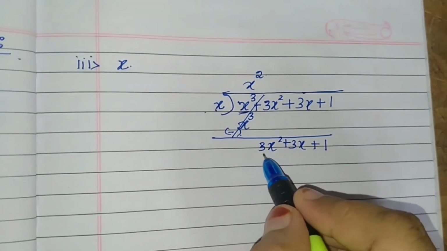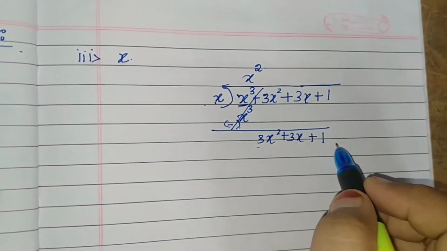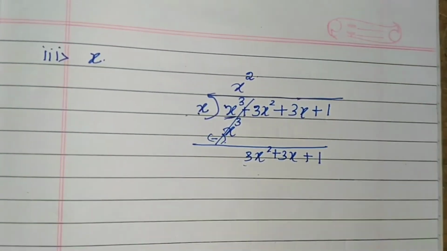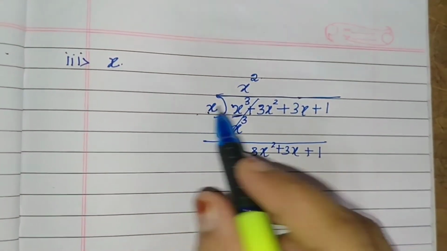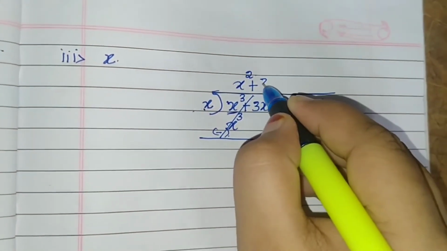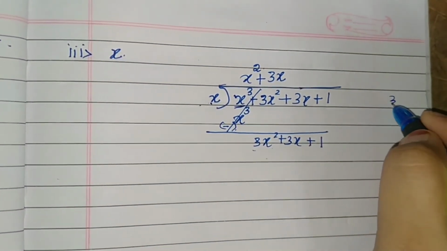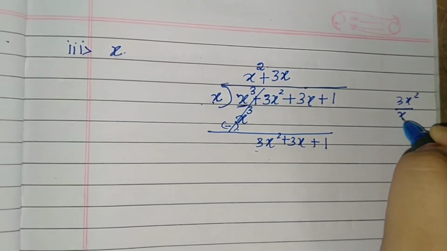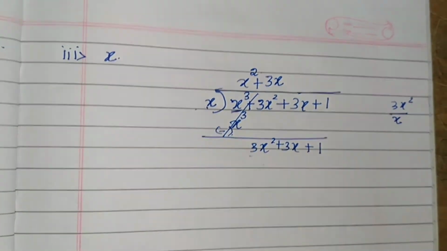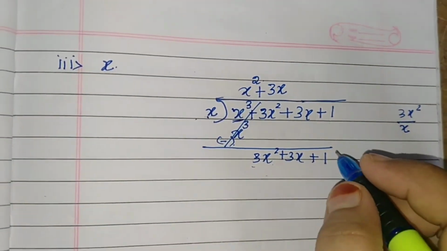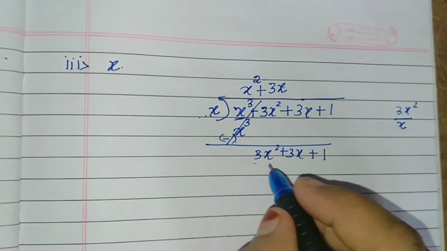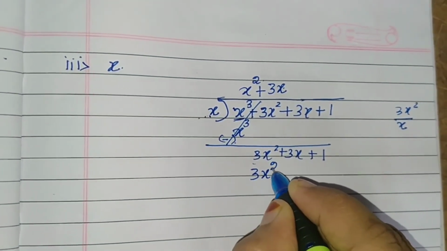Again the same method, that is you have to consider this as the new dividend. Okay. So after that what you have to do, this 3x square divided by x is there, no, plus 3x. Because 3x square divided by x, 1x will get cancelled. What is remaining? 3x. So 3x into x is nothing but 3x square.